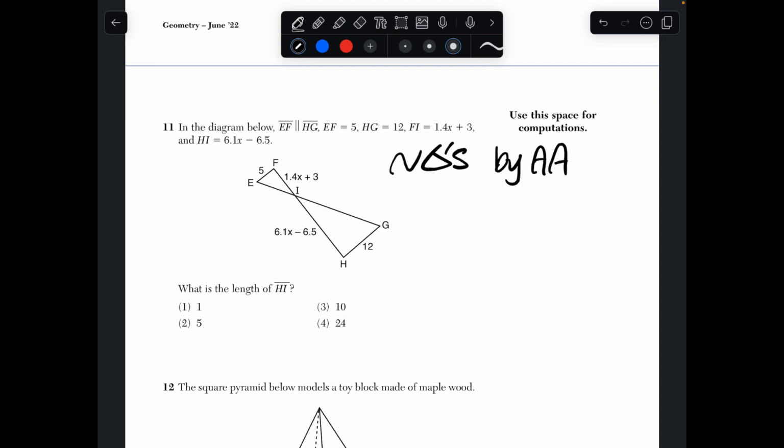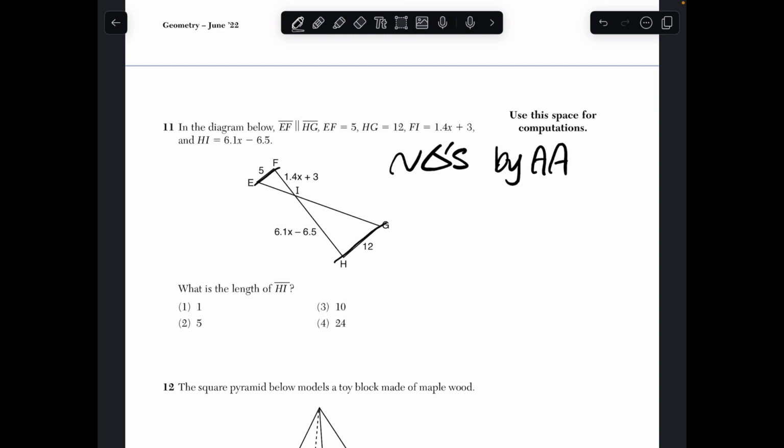Okay, so since they're similar triangles, that means they have corresponding sides. In this problem, it's kind of easier to see them. You might want to draw them out, but I will not draw them out because I think it's pretty easy to see them since there's not many sides given. So this side, 5, is proportional to side HG.